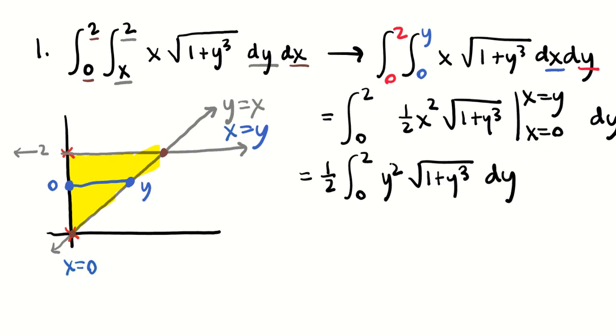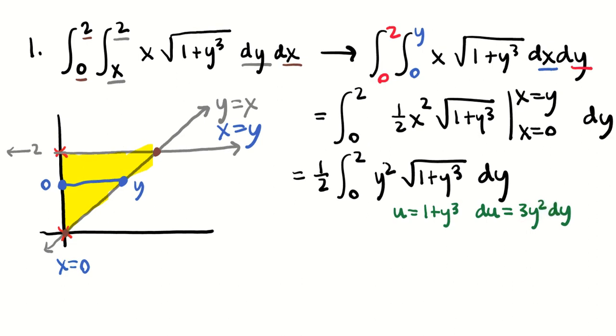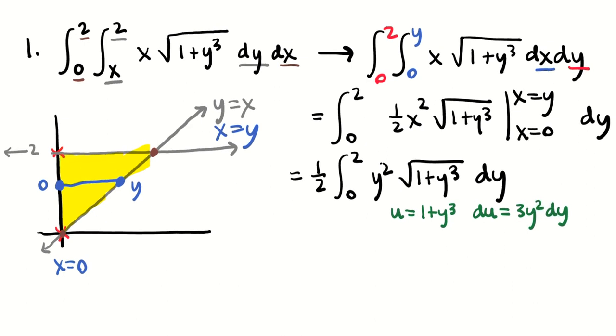Okay, now this is set up. I'm going to need to use u substitution here. So I'm going to say let u equal 1 plus y to the 3 so that du is equal to 3y squared dy. Okay, I don't have 3y squared dy, I just have 1y squared dy. But actually, I was talking with some people in my class about this problem, and that 1/2 was kind of causing us some issues.